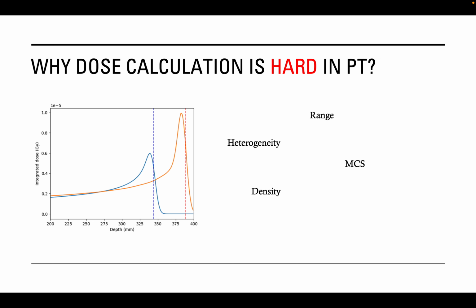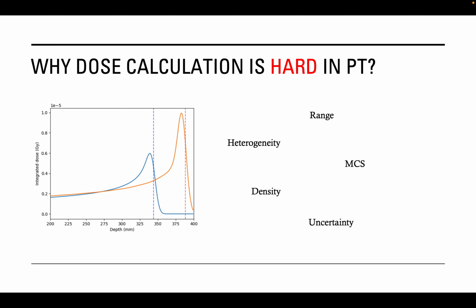Multiple Coulomb scattering widens the beam laterally, especially if there is some heterogeneity, if the proton has been traveling through muscle, that is soft tissue, and then suddenly encounters bone. Even small angle scattering will have large consequence. The protons will spread a lot, which is again non-intuitive but has bigger clinical consequences.